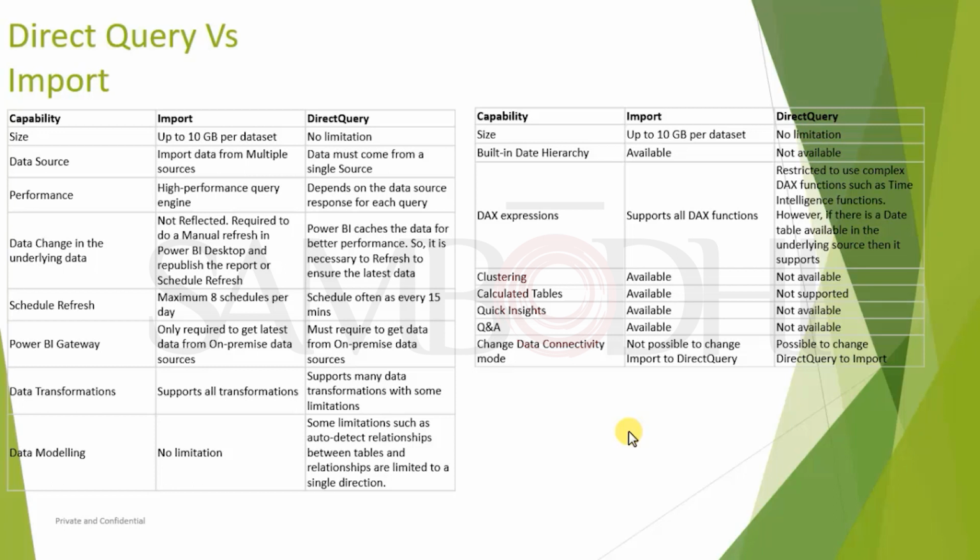Data change in the underlying data. If you have a master data or a database from which you have imported a piece of information into Power BI desktop and then deployed it on Power BI service, and your underlying data in SQL Server or any other kind of database changes, it would not get reflected automatically in the Power BI desktop and the service.